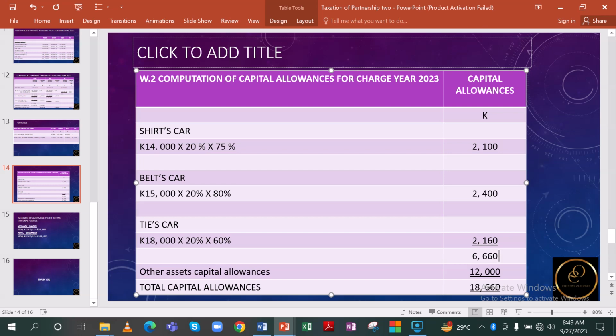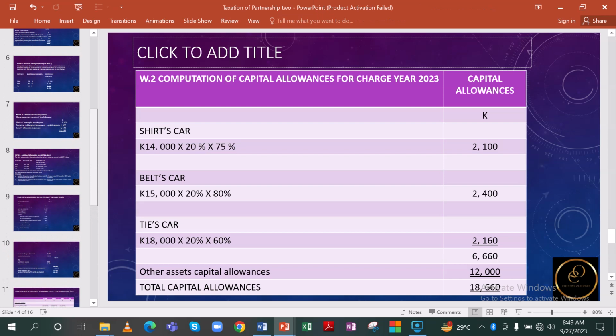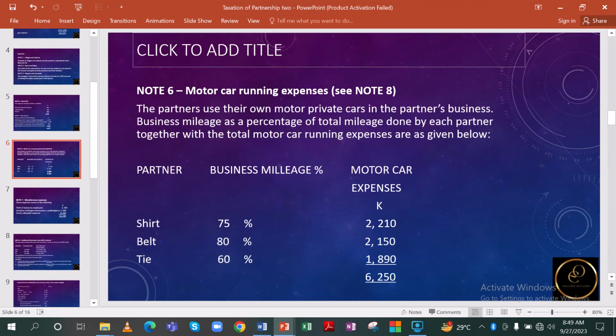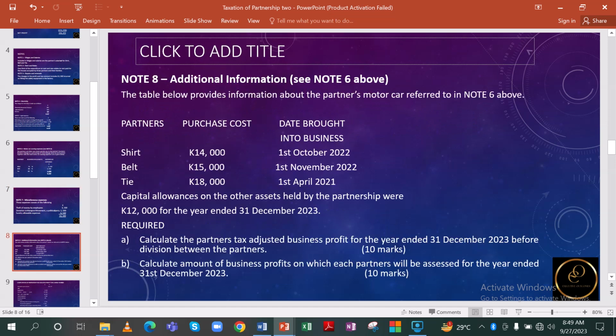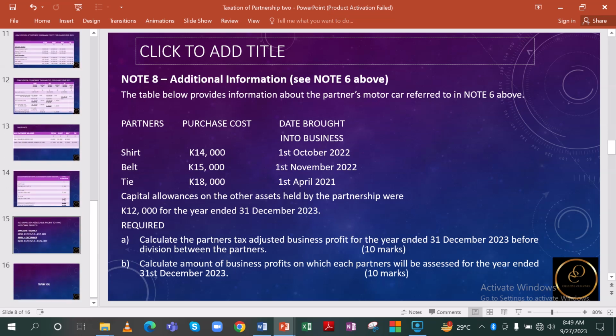But we are given under note 8 that there were other asset capital allowances. Capital allowances on other assets held by the partnership were 12,000 for the year ended 31st December 2023. So meaning that we have to add that.